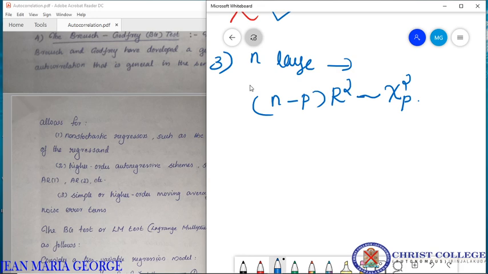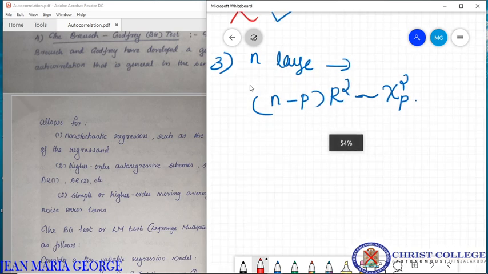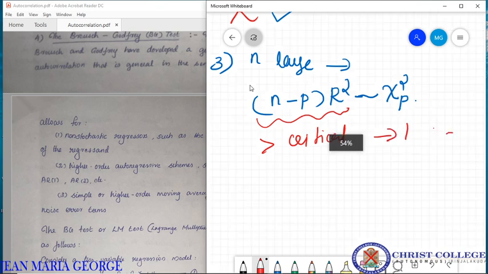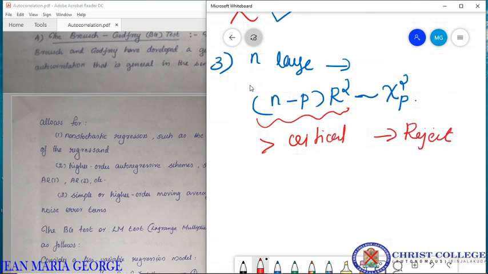And if (n minus p) times R square is greater than the critical chi-square value at the chosen level of significance, we reject the null hypothesis, reject H naught. So that is the decision.